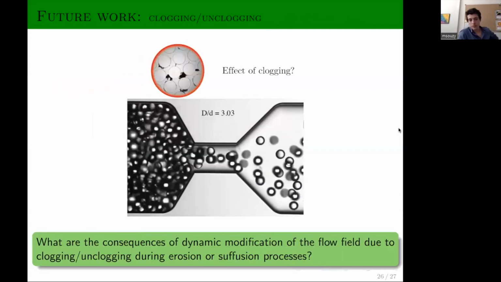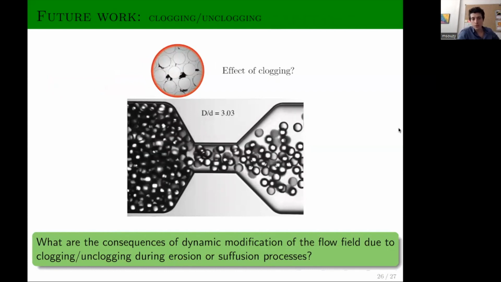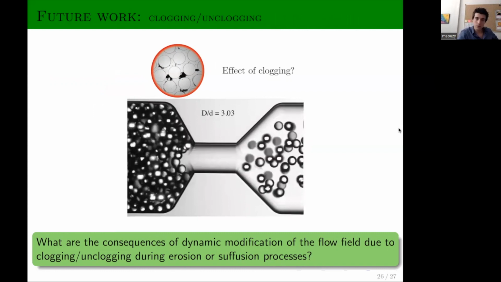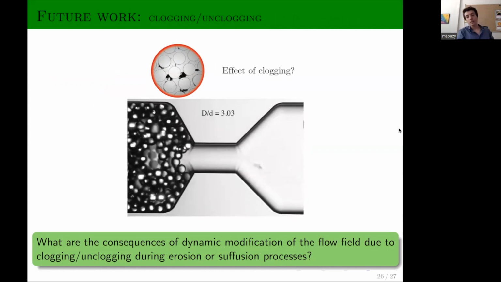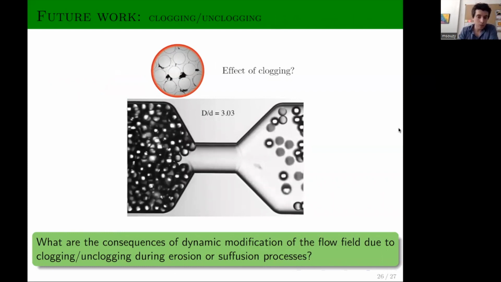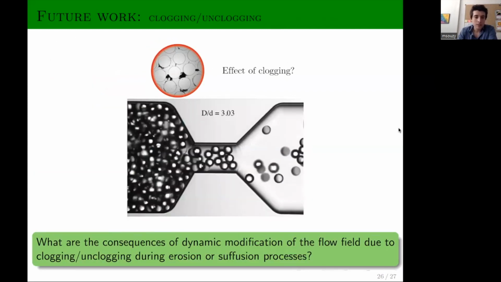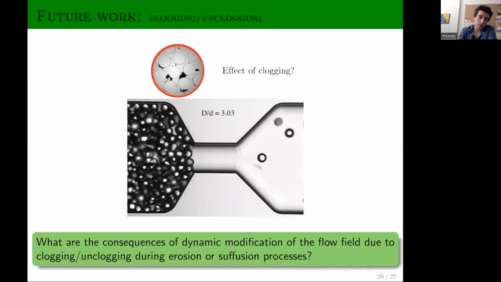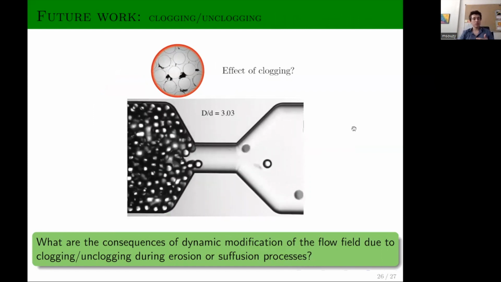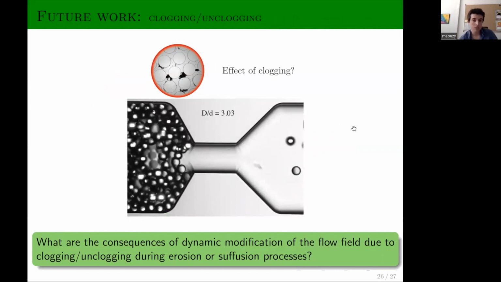There is also some other effect that we're willing to address, notably the effect of clogging. As you can see here, even if you consider only a single pore with a suspension going through it, depending on the ratio of the size of the fine particle and the size of the constriction, you can have some very interesting behavior like intermittent clogging regimes like you see here.